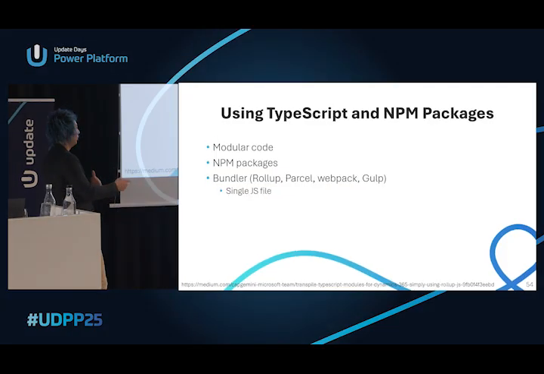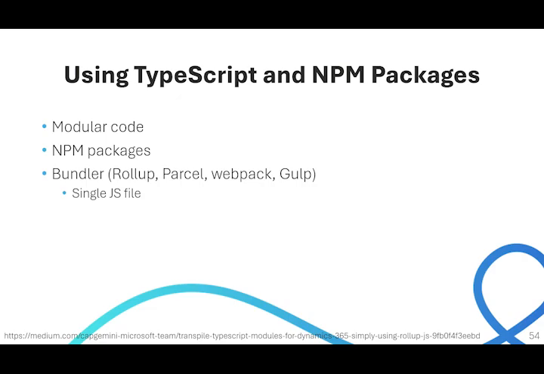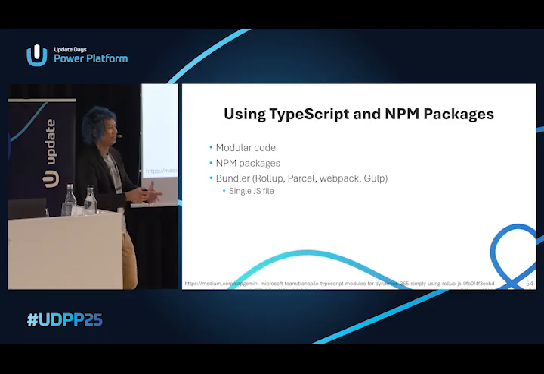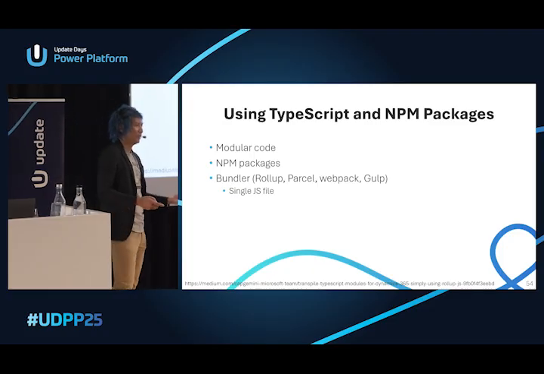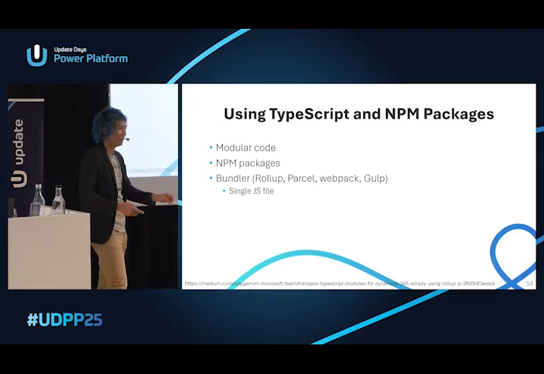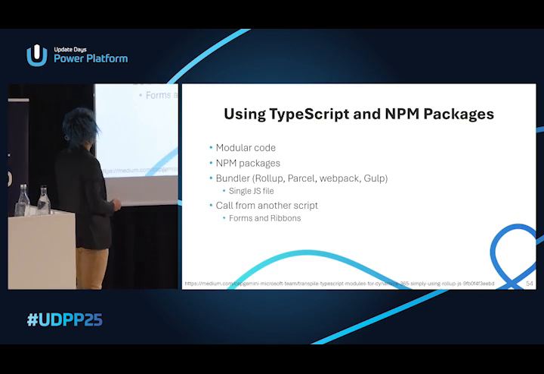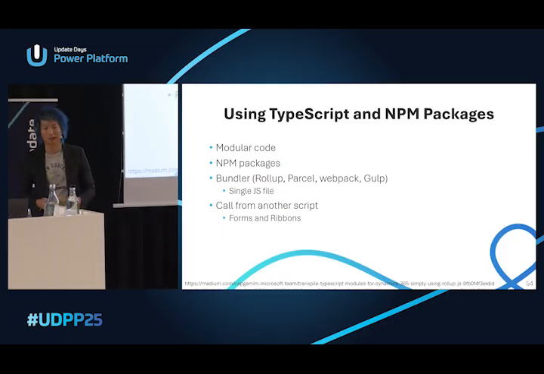What you can do is use a bundler like Rollup, Parcel, or Webpack, and bundle it all together into a single JavaScript file. Then you upload it as a web resource file. Once you upload it, you can call it from another script, or you can call it directly from the forms or the buttons.